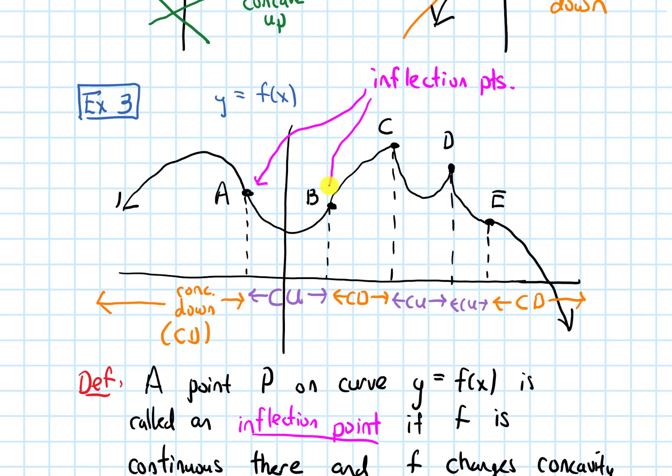It definitely switched at B, from up to down. It switched at C, from down to up. At D, it didn't switch. It was concave up on both sides. So D is not an inflection point. But E is. At E, it switched from concave up to concave down. And our function was continuous at all of these. I kind of skipped that when I was checking before, but I should. Our function was continuous at all of these, so they are inflection points.